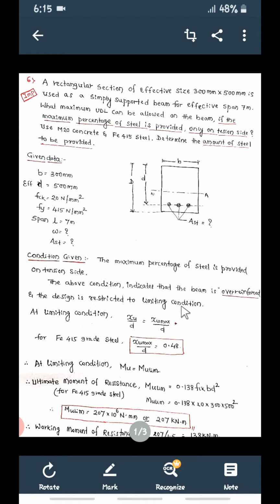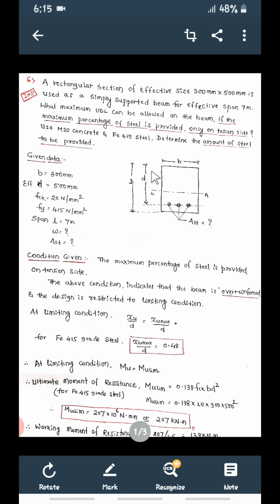Okay, so you have to consider that this condition is limiting condition. So that is the important point you have to remember here. So maximum percentage of steel provided means it is a limiting condition, means it is over reinforced, and since over reinforced sections are not allowed, our beam is restricted to limiting condition.